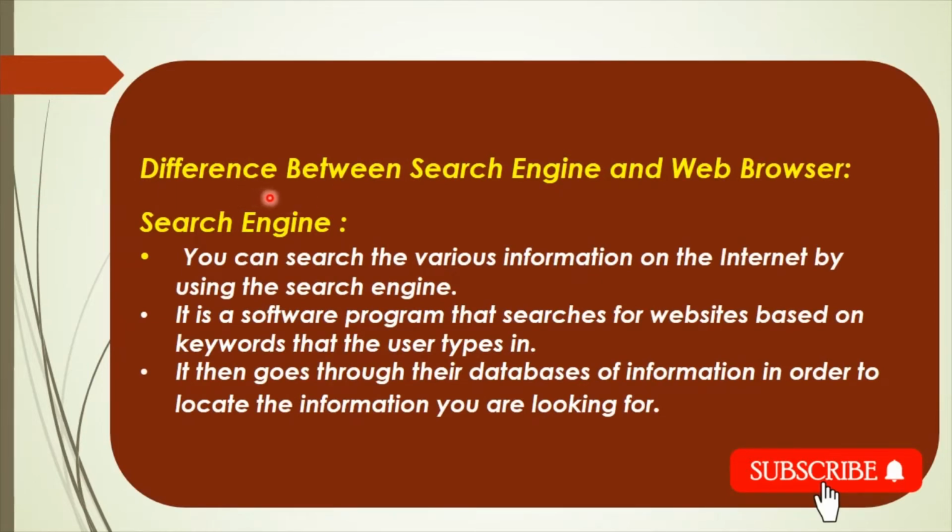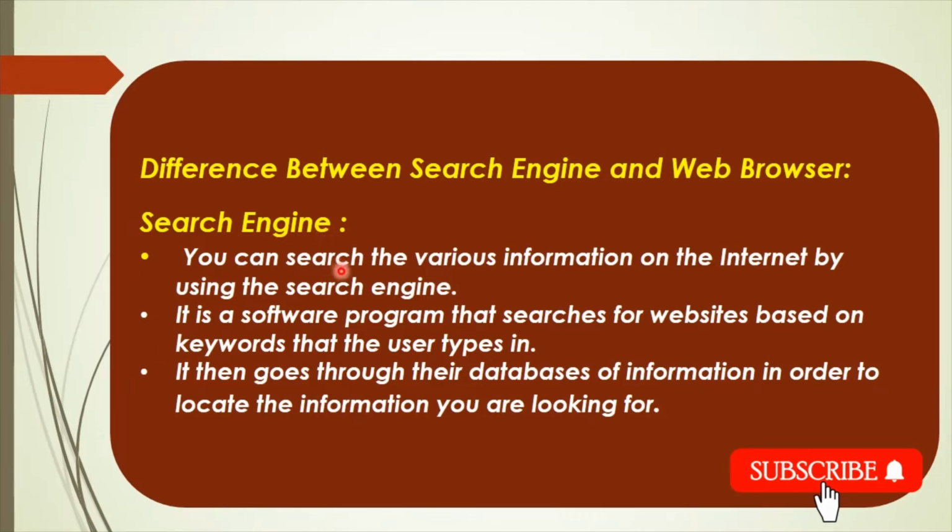Now, difference between search engine and web browser. First of all, let us see what is search engine. A search engine is nothing but you can search the various information on the internet by using the search engine. It's a software program that searches for websites based on keywords that the user types in. It then goes through its databases of information in order to locate the information you are looking for.